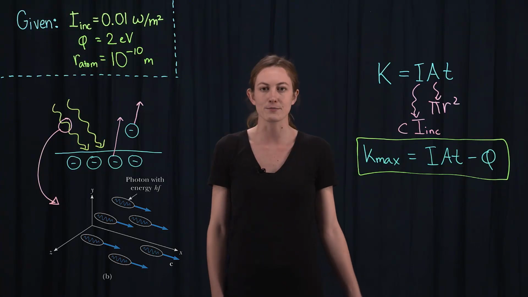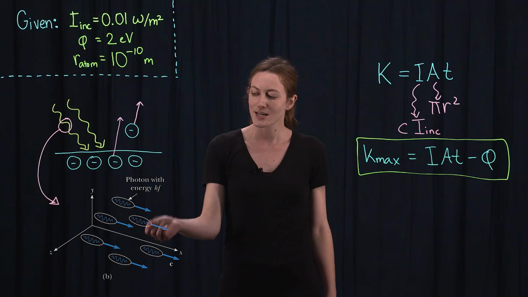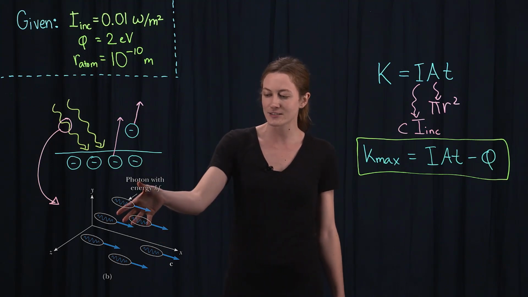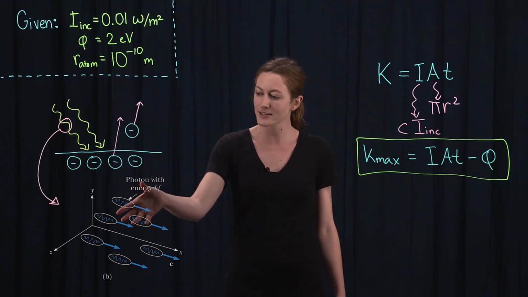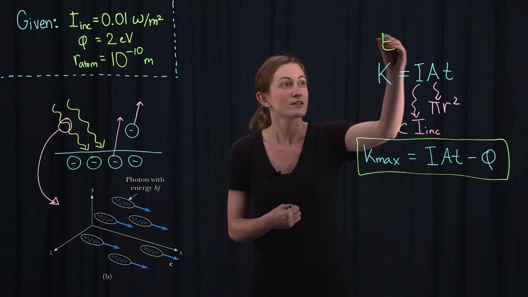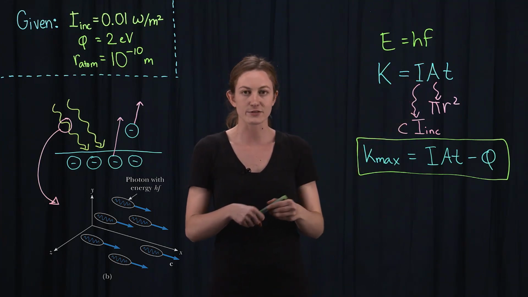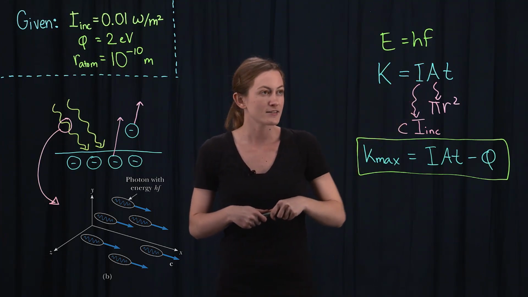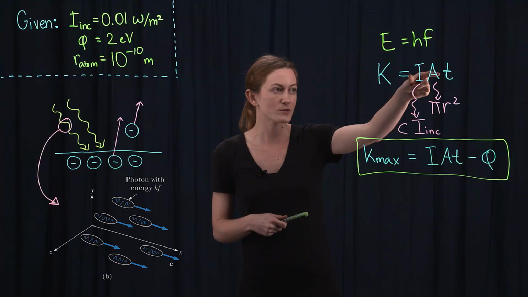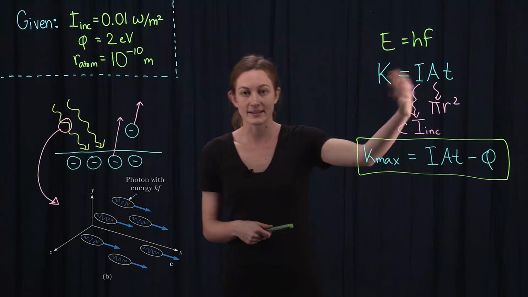Our wrong assumption before was that the energy in the light was distributed continuously. In fact, the energy in the light is distributed in discrete packets called photons, each of which has an energy of hf, where h is Planck's constant and f is the frequency of the light. Then the kinetic energy that the electron absorbs is actually the energy of the photon that hit the atom.